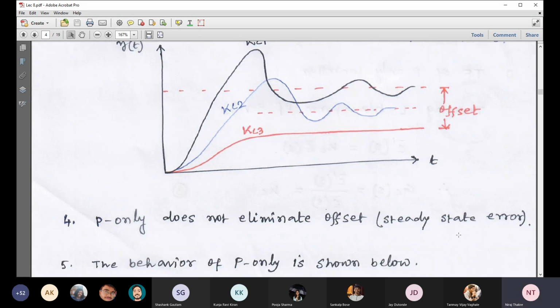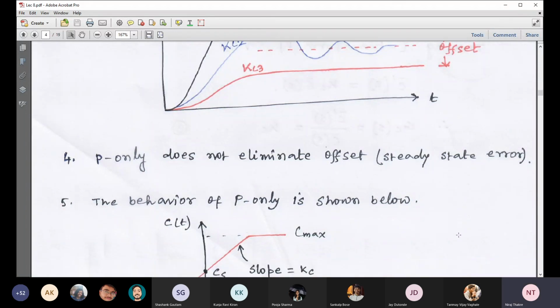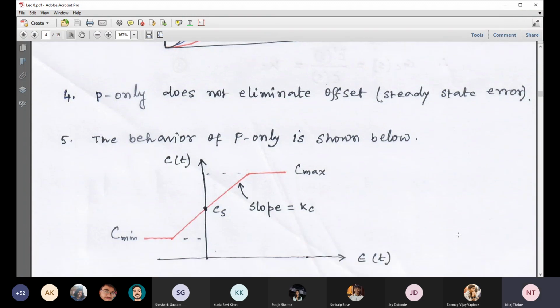Now you come to the fifth point. How the proportional controller behavior or response looks like. As I mentioned, the fourth point you just note down, and I will elaborate this fourth point a little later. Now come to the fifth point. In this fifth point, you see the behavior of proportional controller is shown.